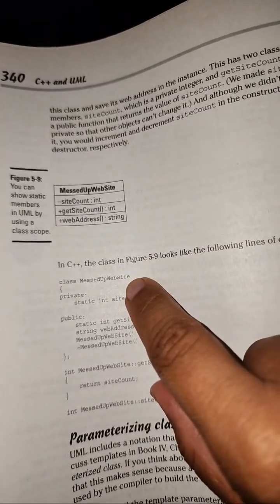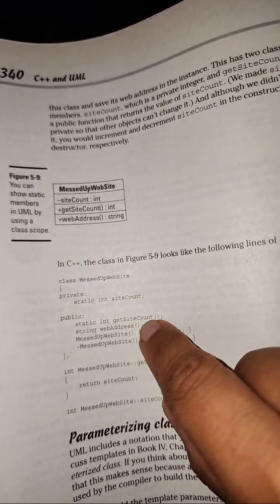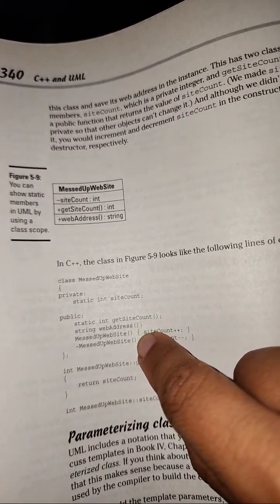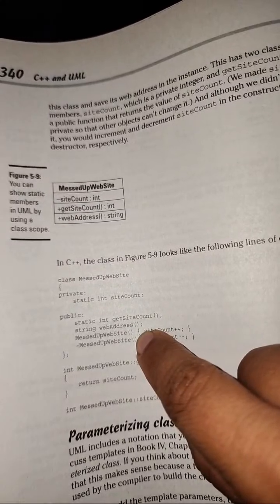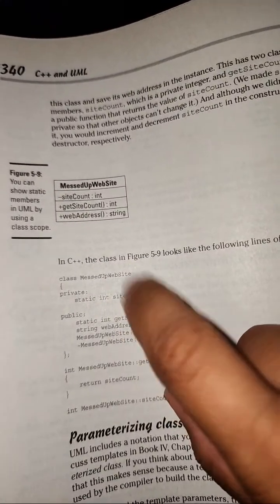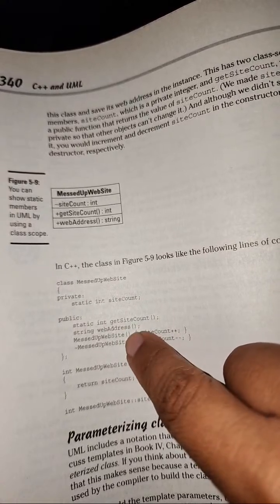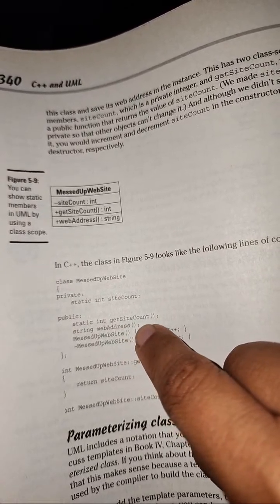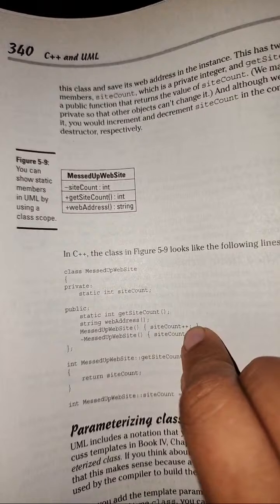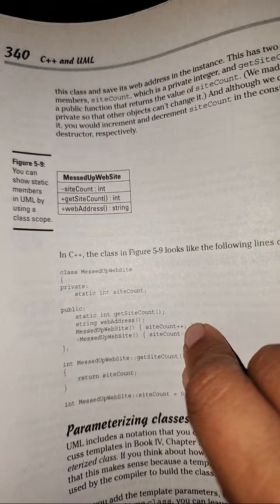You would have your class, then your private static, your public, your static get site count, then the string web address. These are methods or functions, whatever you call them. So that's the Messed Up constructor, and then the one with the minus is the destructor. So again, the constructor gets the incrementing, the destructor gets the decrementing.